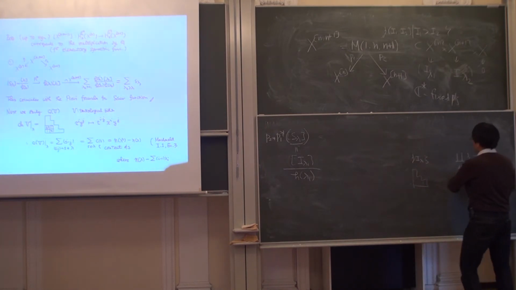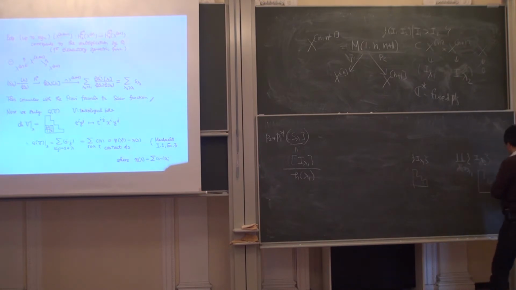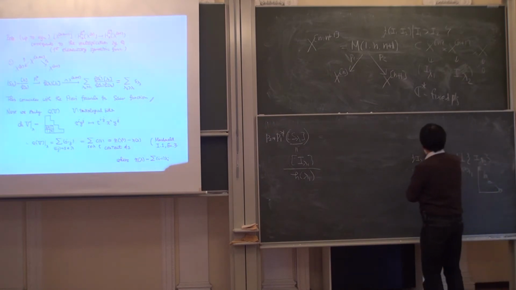So maybe this is lambda 1, this is lambda 2. You can box to several places. So then I have finitely many points, pair of I lambda 1.